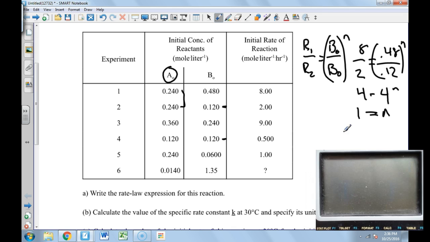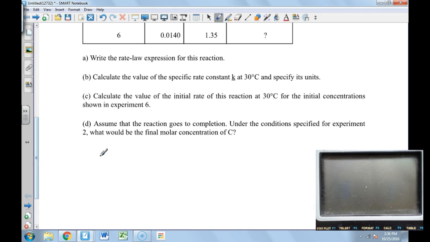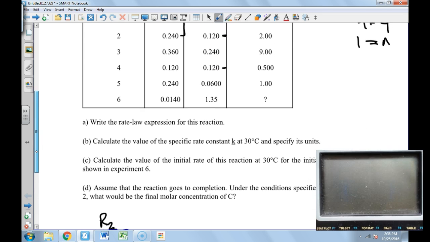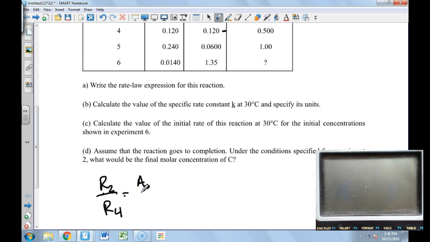And I'll come down here now because I'm running out of room. So R2 over R4 equals the concentration A naught over A naught, and all of that is to some power m.